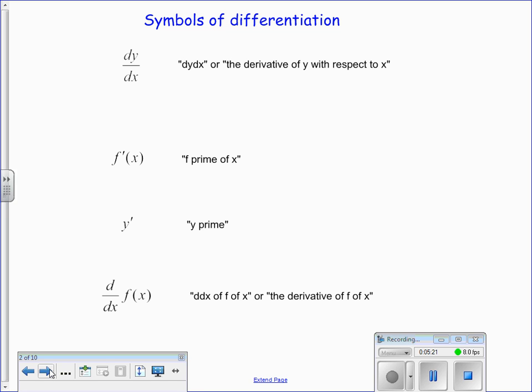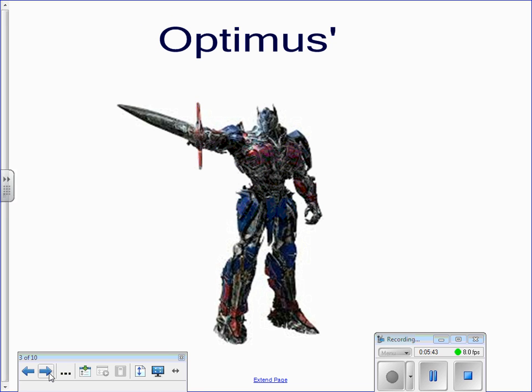Like I said, dy dx, f prime, y prime, d dx of f of x. It could be g prime, it could be h prime, it could be v prime. Any function notation is that prime of whatever variable. V prime of t would be the derivative of the velocity based on time t. Okay, and then we have the all-important one, Optimus prime.